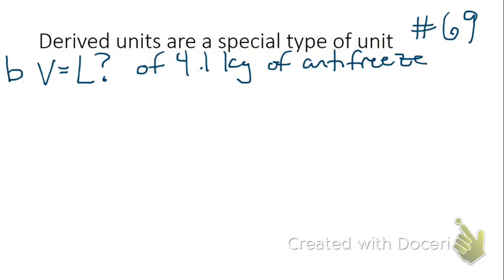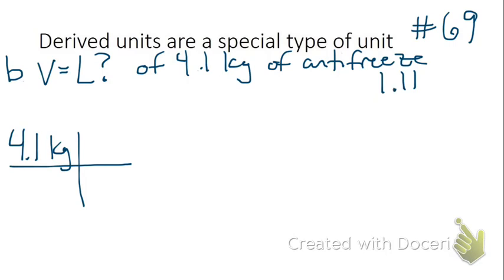So, like we always do, let's start with what we know. We know we have 4.1 kilograms. Let's look at our density, which was 1.11 grams per centimeter cubed.